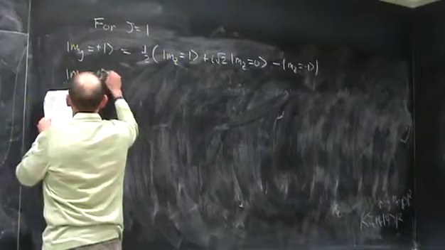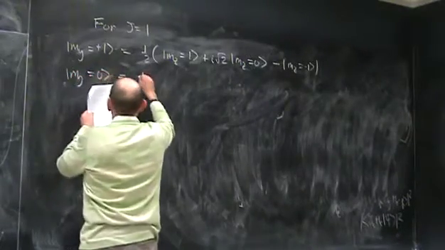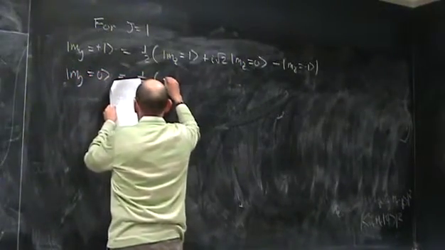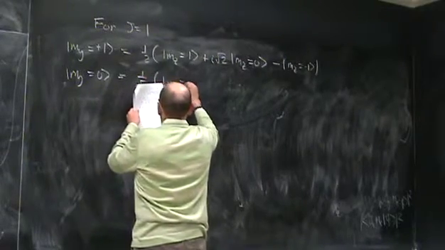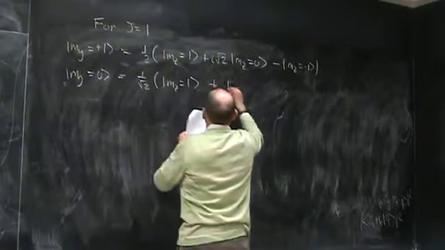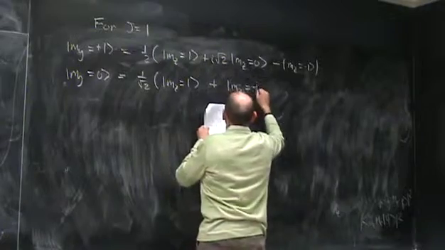My equals 0 equals 1 over root 2, mz equals 1 plus mz equals minus 1.